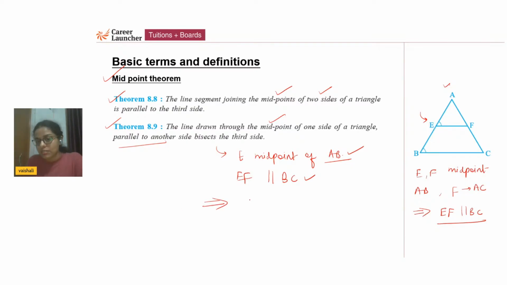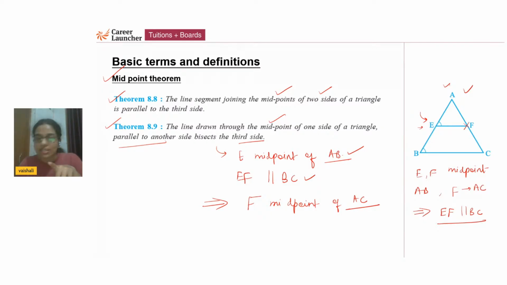It means it bisects the third side. It bisects the third side means this line starts from E and ends at F, so my EF line is basically bisecting the third side which is AC. So F must also be the midpoint of the line AC.